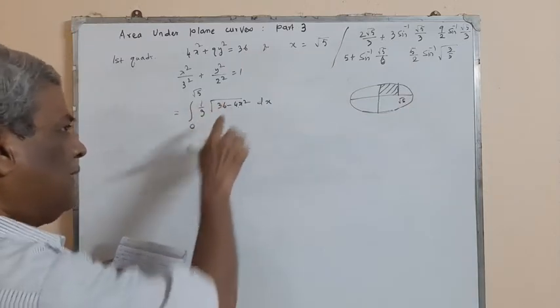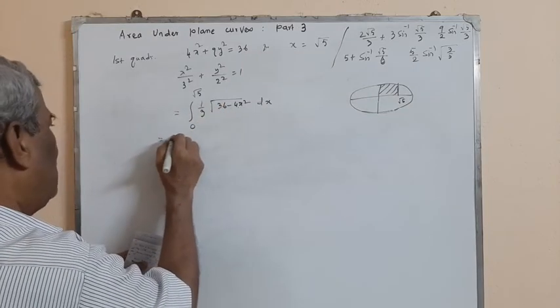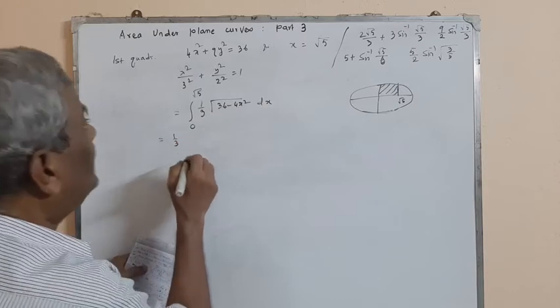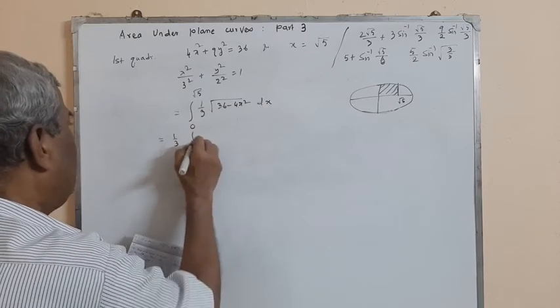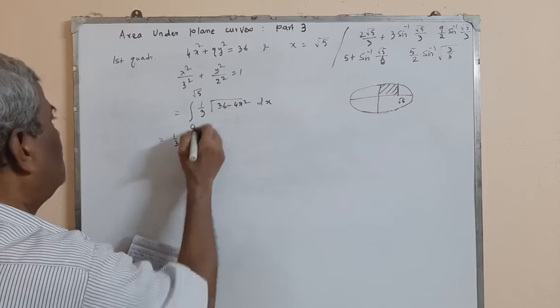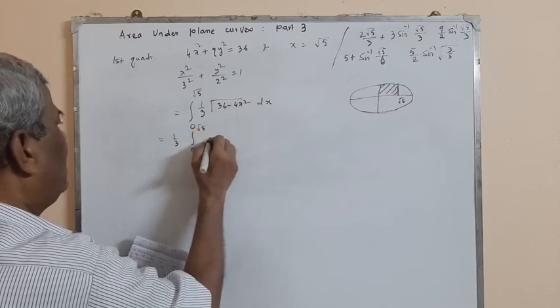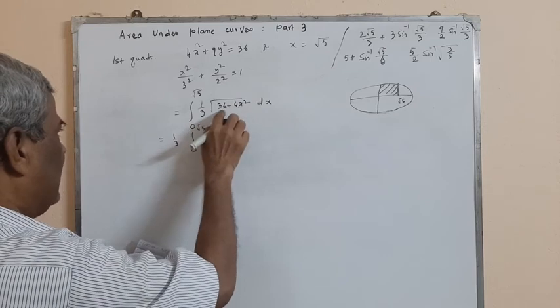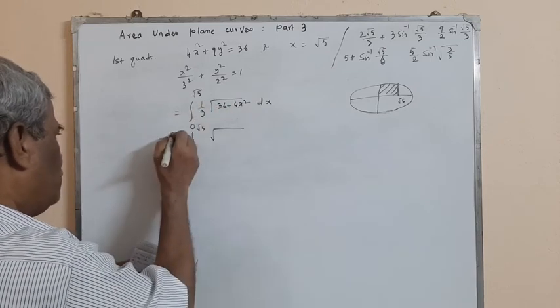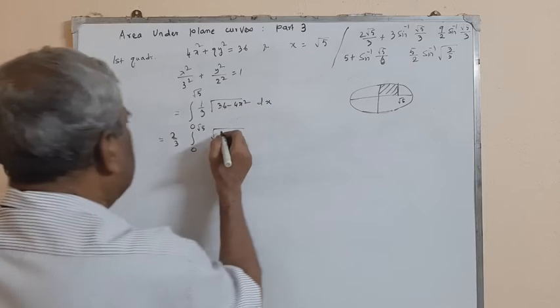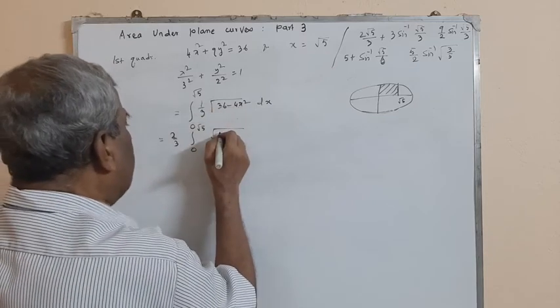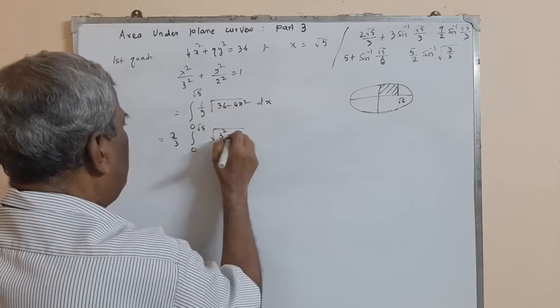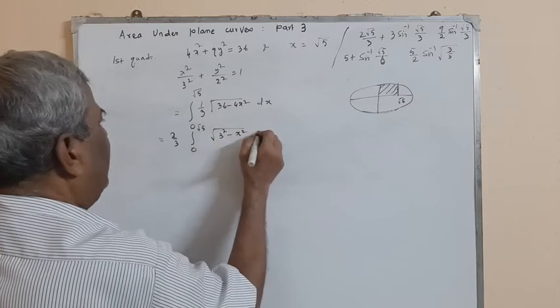Now it is 1 by 3 into the integral from 0 to root 5; the root of 4 can be taken common, so it will be 2 there, and it becomes the root of (3 square minus x square) dx.